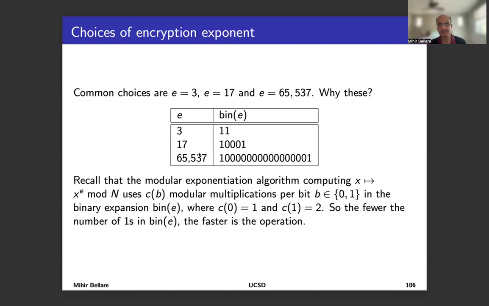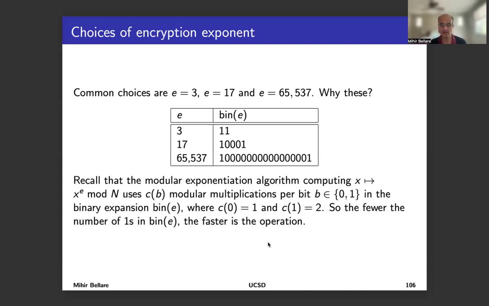If you look in practice, these are some of the common values. And you could ask why. Well, the answer is that when you put these numbers in binary, they have the maximum possible number of zeros. Of course, you need a 1 at the beginning and at the end, but these numbers ensure that everything else is a 0. Why is that a good thing? It's again about speed.